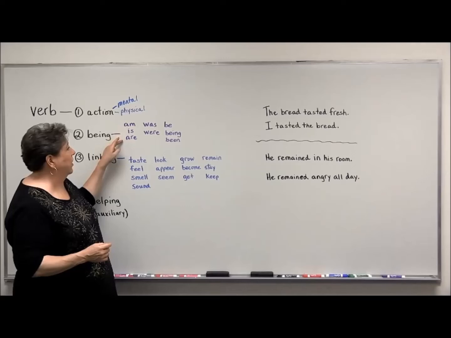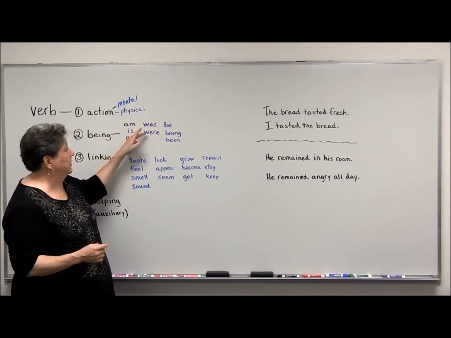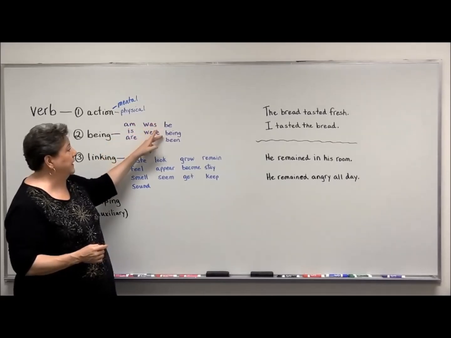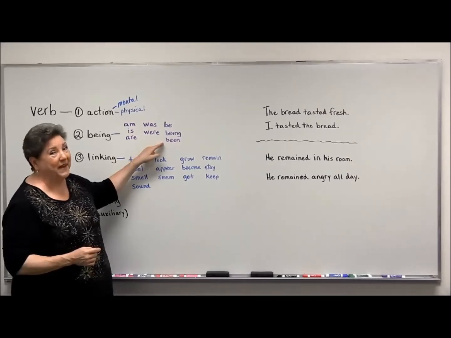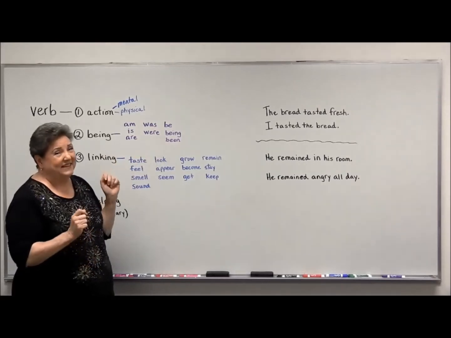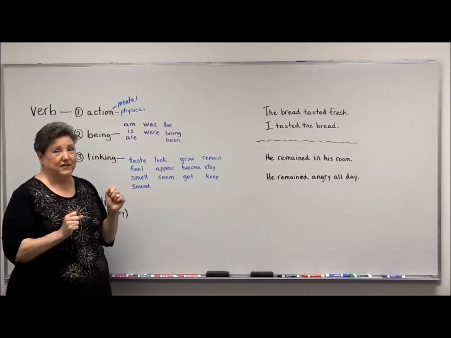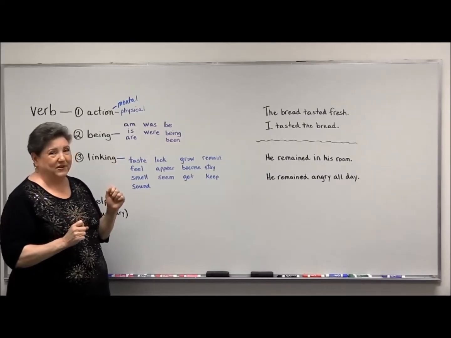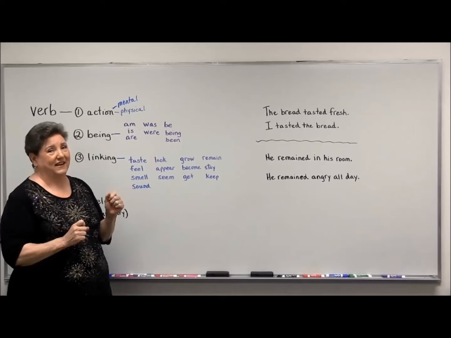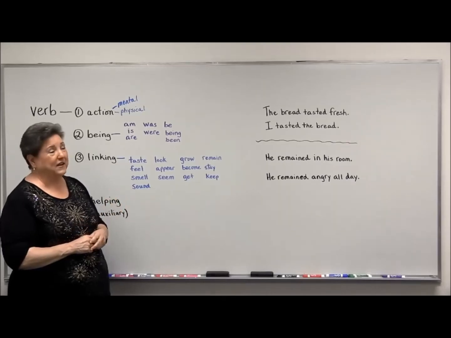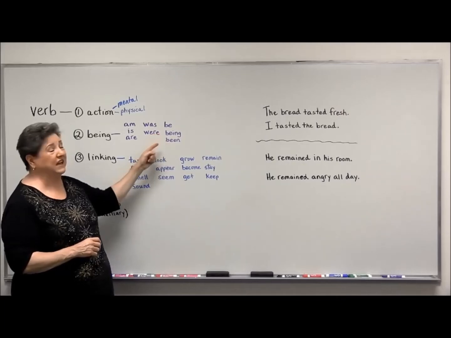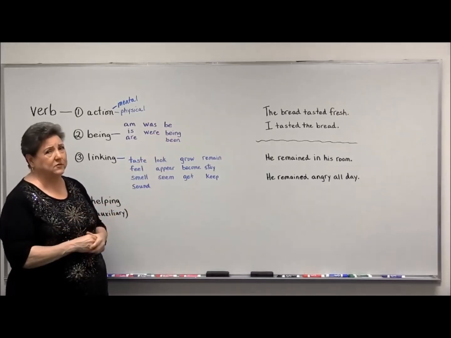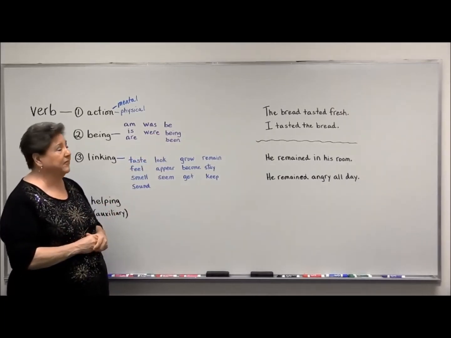Am, is, are, was, were, be, being, been. That's right, been. Not bin. That's a little British. We understand it when you say bin, but we don't say that in the United States. American English is been, because being and been sound too close. So that's why we separate them like that.